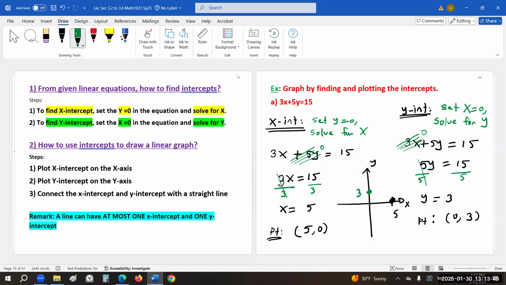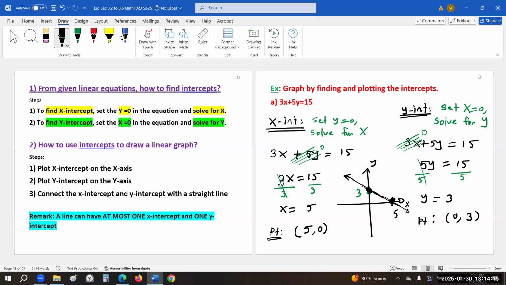So x-intercept on the x, y-intercept on the y, and then connect them with a straight line. So this is the graph of this equation, 3x plus 5y equals 15.